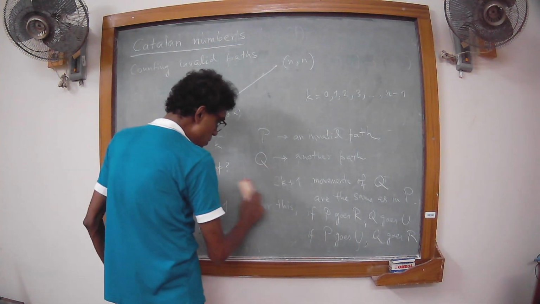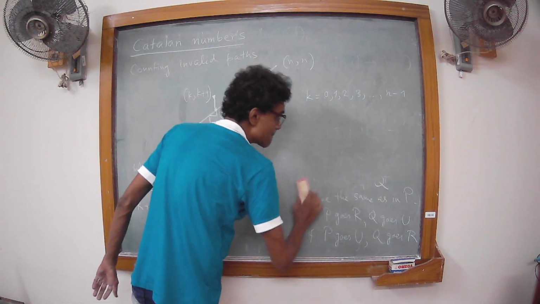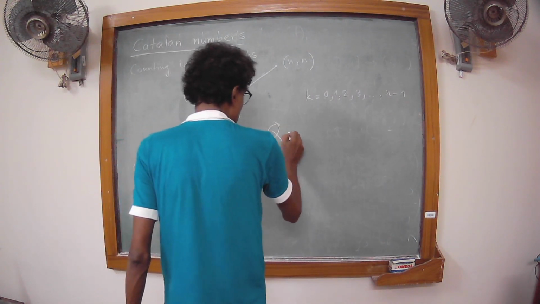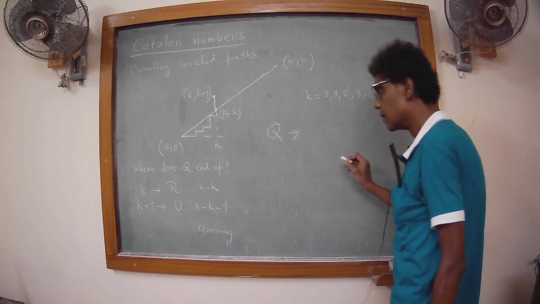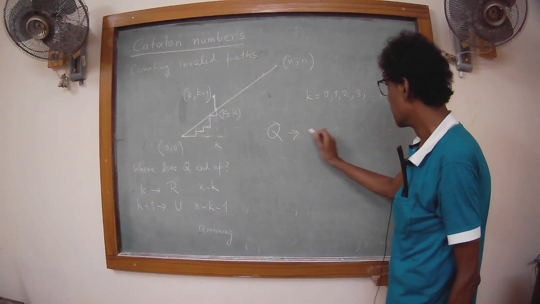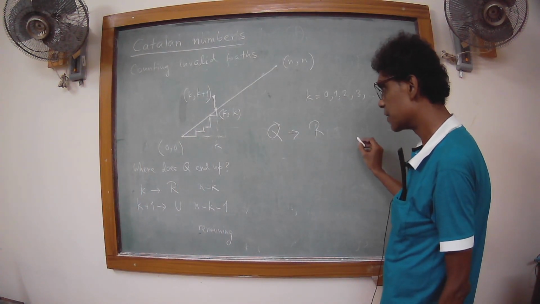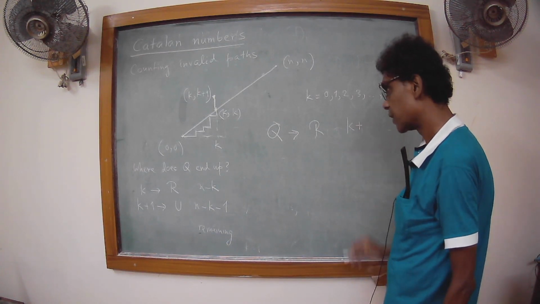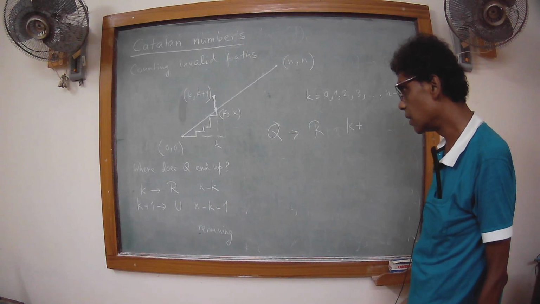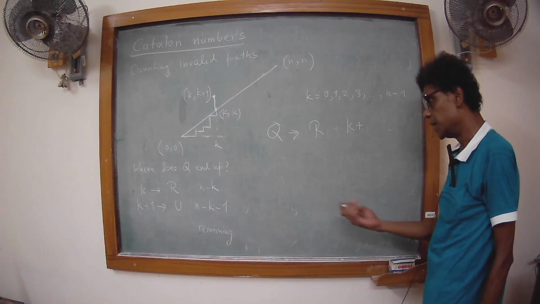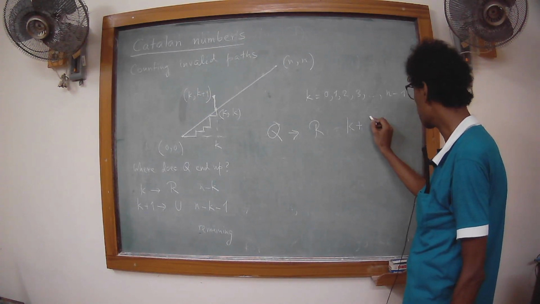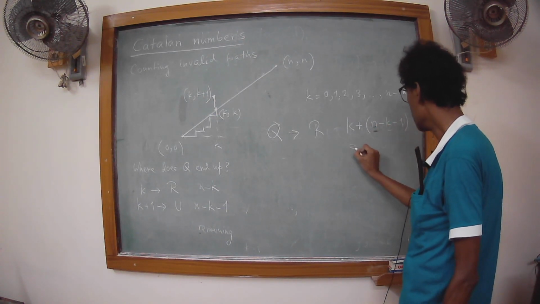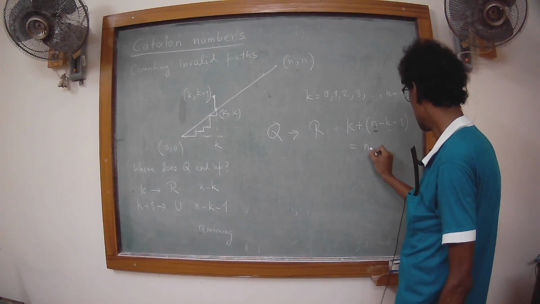So for Q, the number of right movements is, first K following the same as P, and then just the opposite, so n minus k minus 1. That is n minus 1.